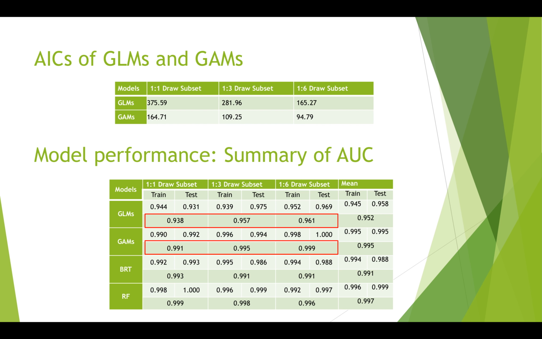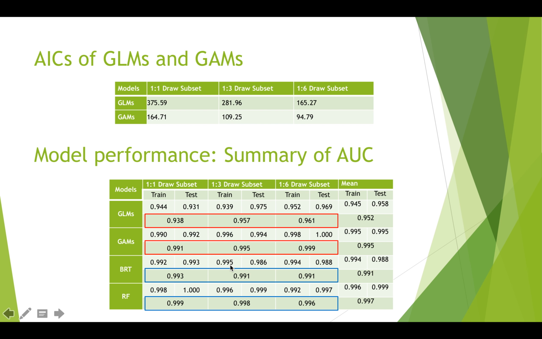For both the GLM and GAM, the AUC increases when the number of pseudo-absence increases. But for BRT and random forest, the AUC decreases when the number of pseudo-absence increases. According to the mean AUC, the GAM and the random forest have a relatively higher AUC.